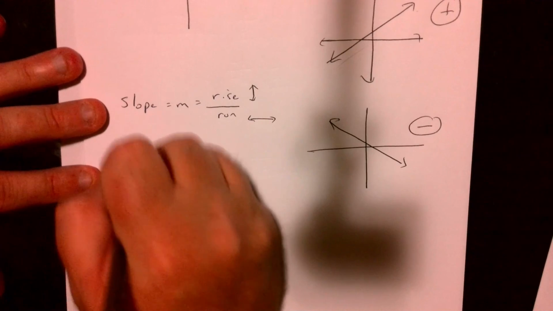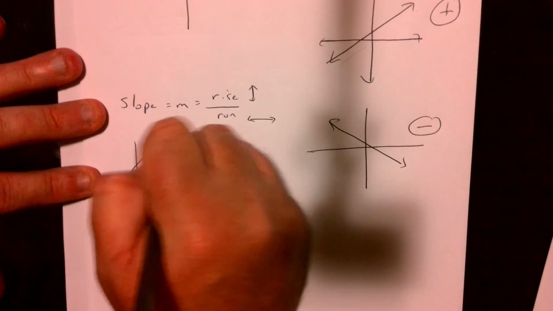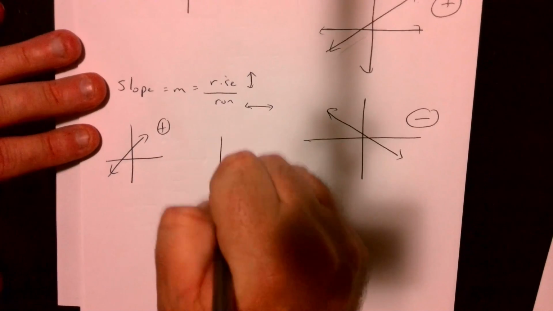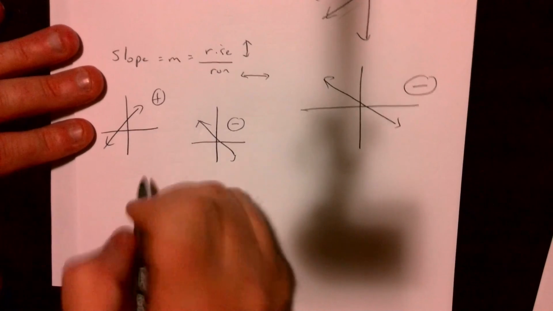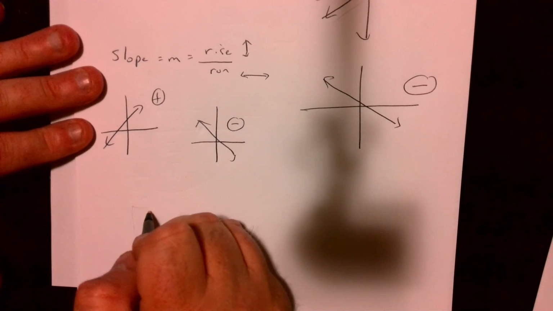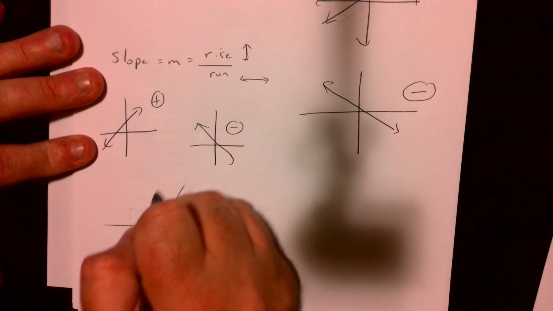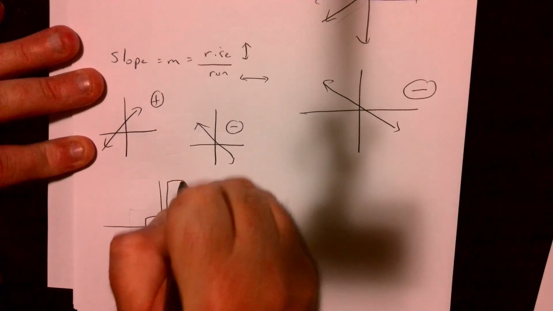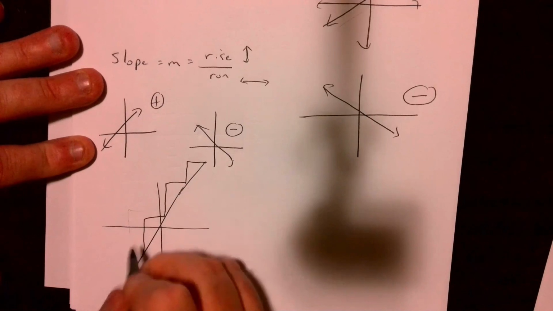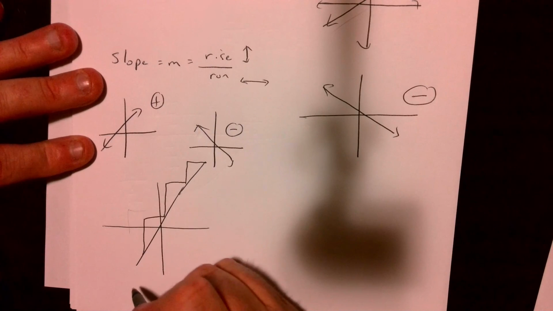And if it goes up to the right, you better get a positive answer. If it goes down to the right, you better get a negative answer. And yes, you should build a little triangle. You should be building triangles, and they're just like stairs. Okay? They're just making stairs. And that's really what slope is.